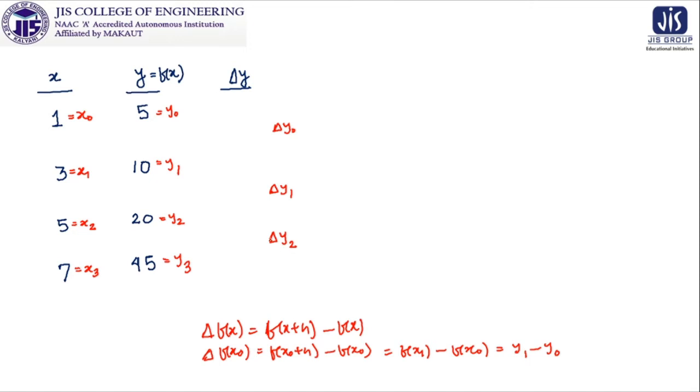Most importantly and interestingly, if I want to write del y3, then the symmetry tells us that I need y4 minus y3, but unfortunately y4 is not there, so I can't find del y3 for this table.